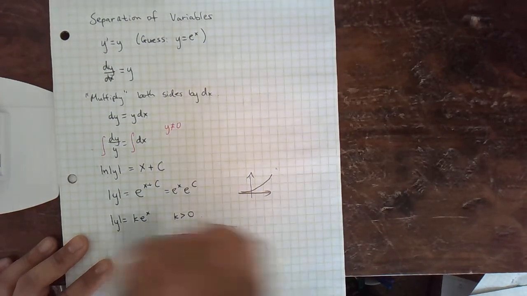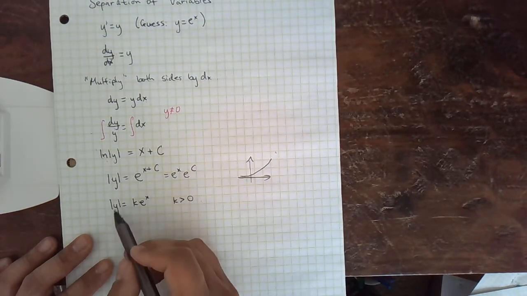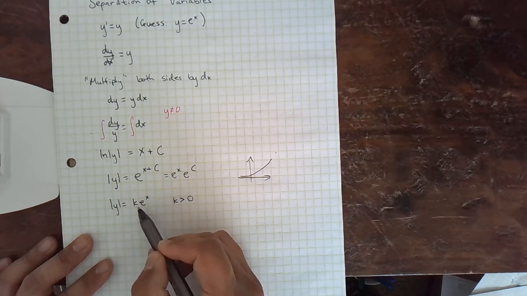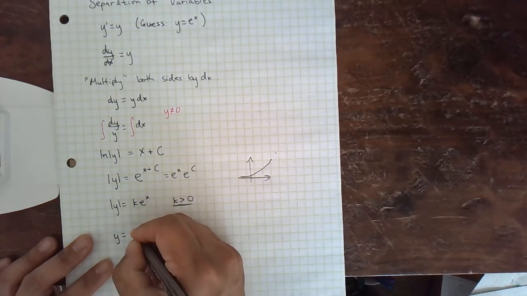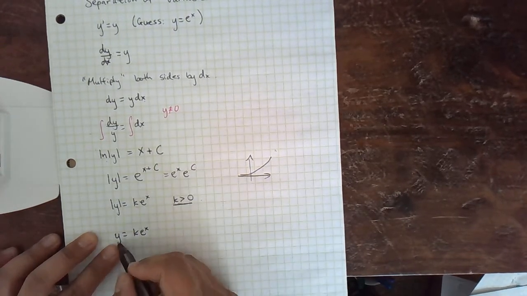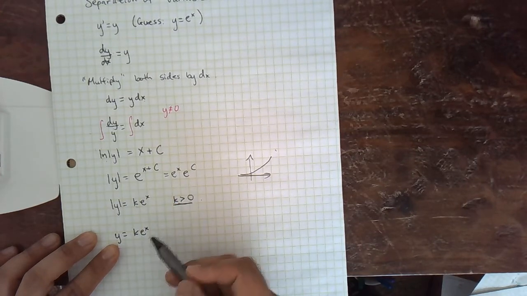Okay, but this is good. We can bring all our domain things back now. This is absolute value of y, meaning y could be positive or negative, and I get a positive thing over here. But instead of making the thing over here positive, I can just say y is anything, and k can be either positive or negative. And actually, I wanted to bring back y equals 0, which will happen when k equals 0.